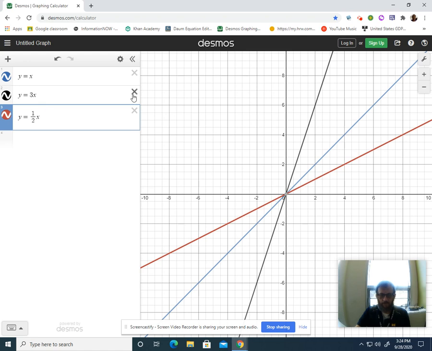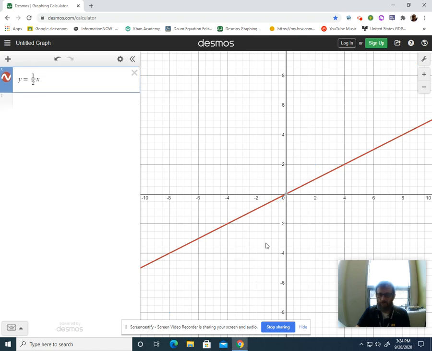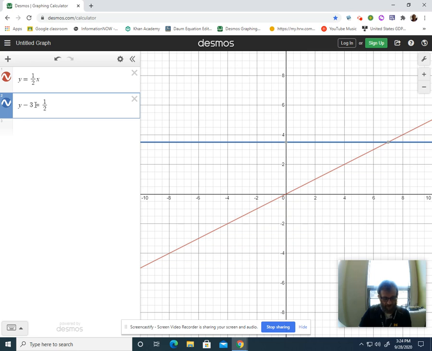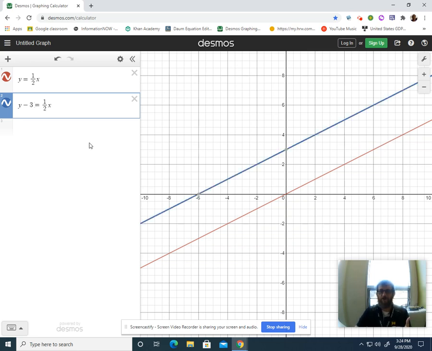So now, if you take that one, you can move it around. If you do y minus 3 equals 1/2 of x, it shifted the whole line up 3 units. If you do y equals 1/2, and now it's important you put parentheses here, x plus 6, it slid the entire line left 6 units.